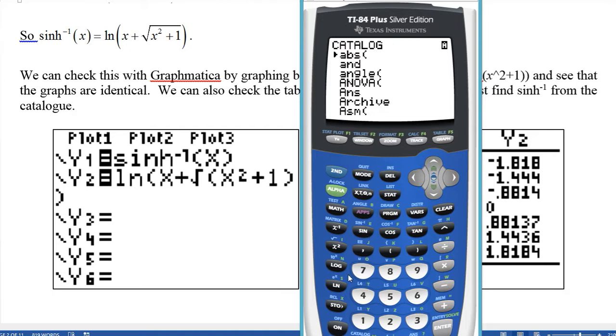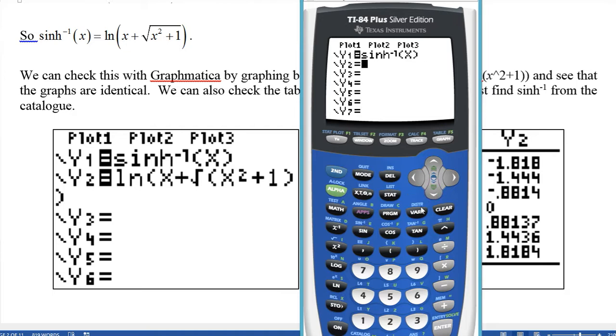And then let's look to the s's, so I can just press the S key, which is right here, and keep going down. And there is a sinh and an inverse sinh actually in here. There may be a way to get them out of a menu, but I'm not sure where it is, if there is one.